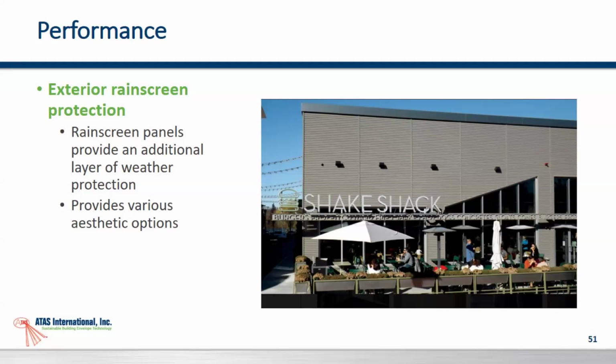When water does get behind, say, the single skin metal panel, it would just drain out at the base. And if any type of water or moisture does touch that insulated metal panel, once again, that is a perfect barrier, and any type of water or moisture would not proceed into the building. The insulated metal panel would block that 100%.